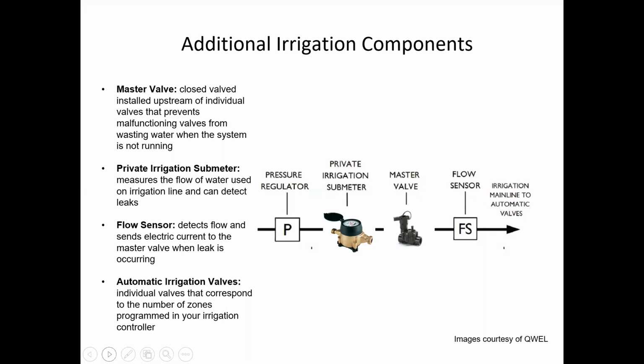Essentially, what happens is the flow sensor, which detects flows and sends an electrical current to the master valve, will send a notice, and then the master valve will close when a leak is occurring. And this is all happening upstream above your automatic irrigation valves. Your automatic irrigation valves correspond to the number of zones or stations programmed in your irrigation controller.